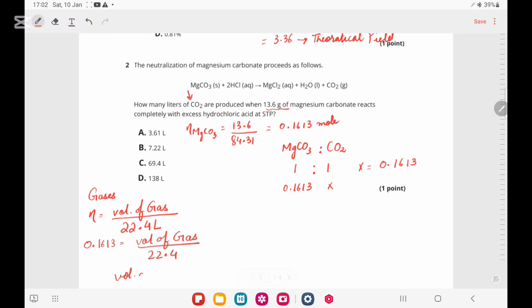The volume of gas comes out to be 0.1613 times 22.4, and the answer comes out to be 3.61 liter. So the answer is A.